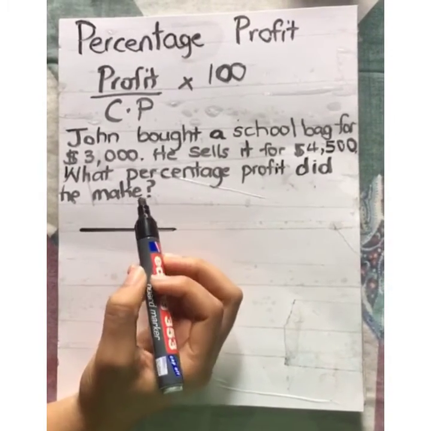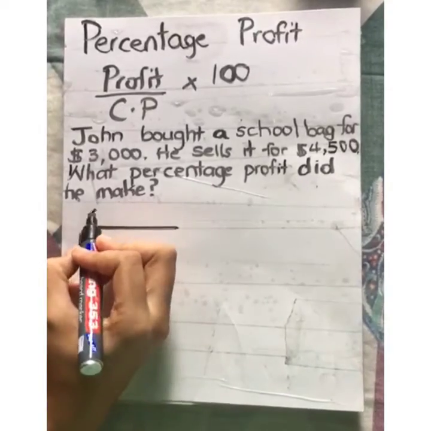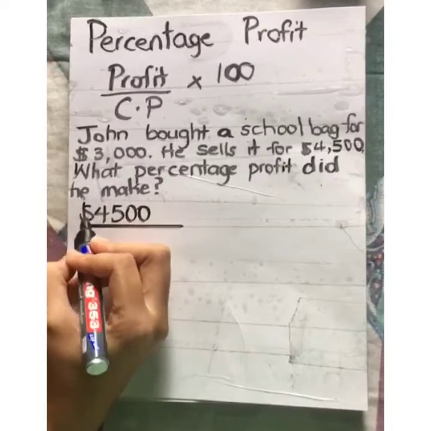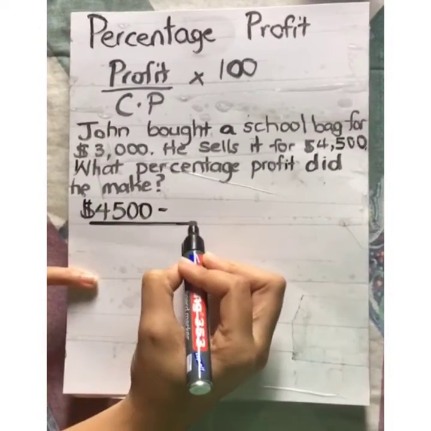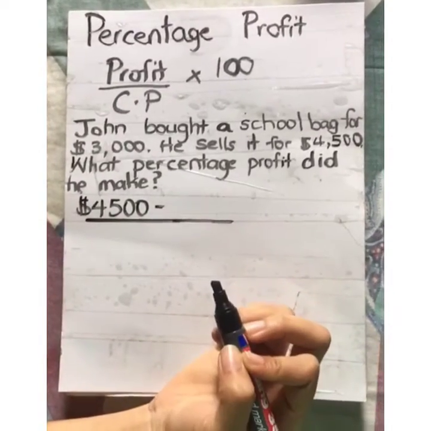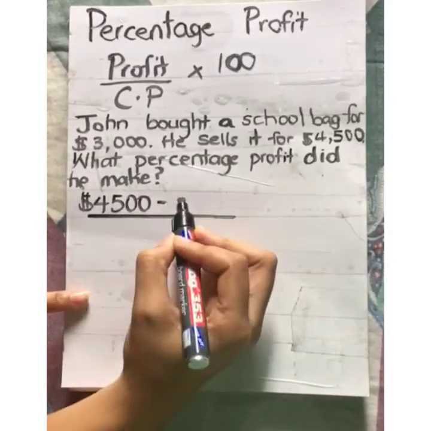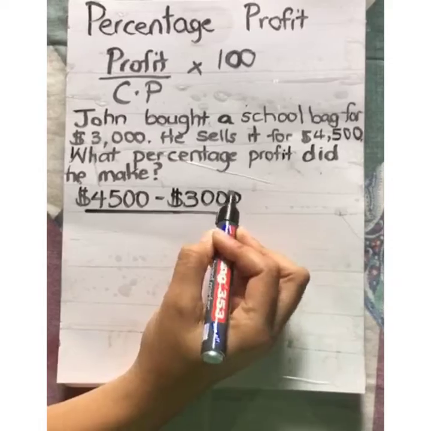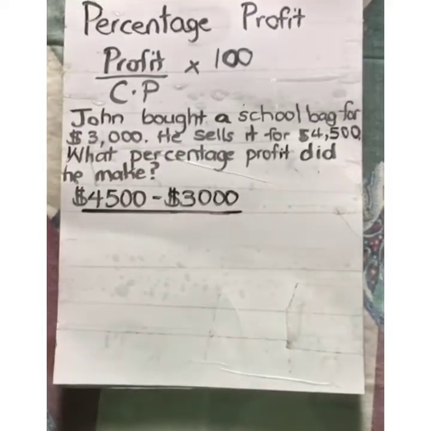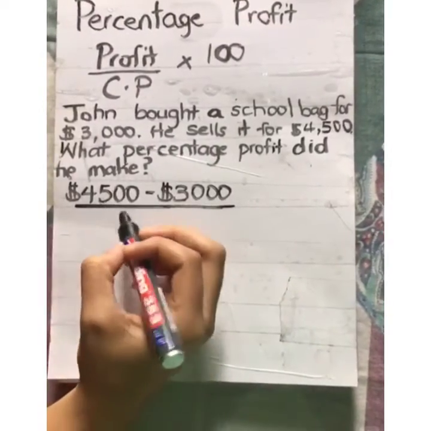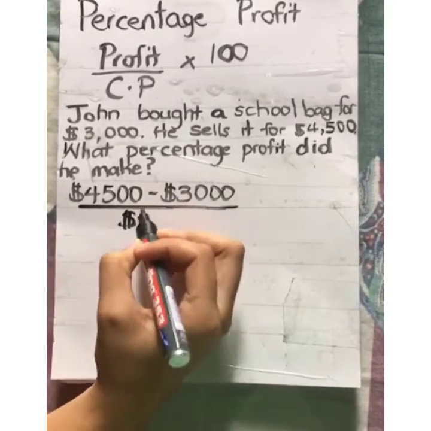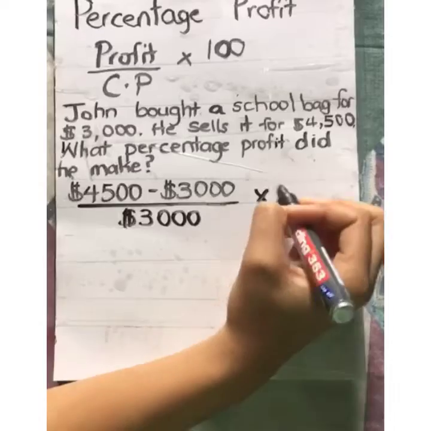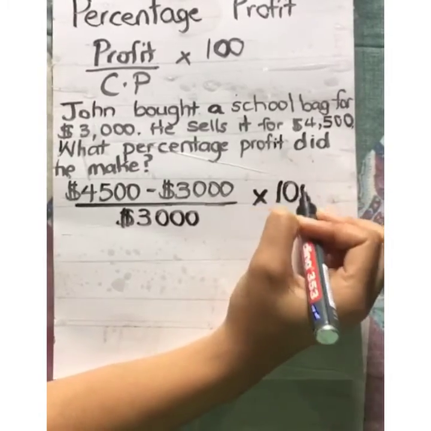The selling price would be $4,500, and the cost price would be the price that he bought the item for, which would be $3,000 in this case. Then you will have cost price, which is the $3,000, and all of this is being multiplied by 100.